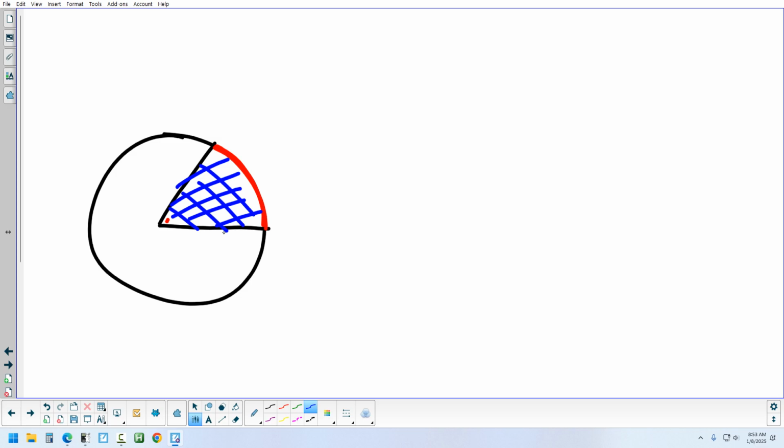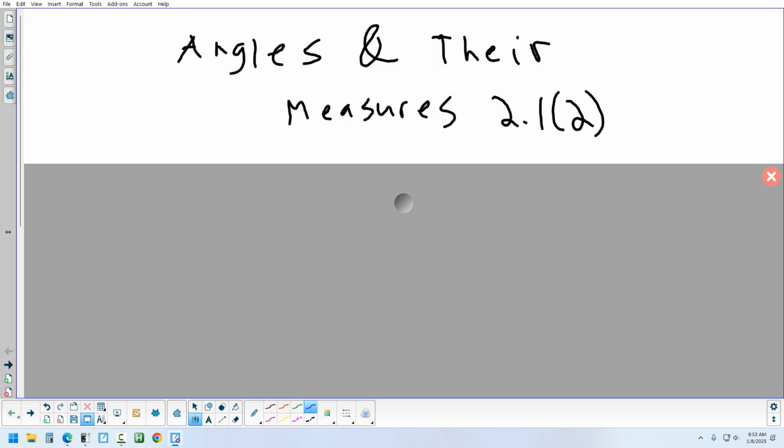That shape that's in blue is called a sector. Just think of it like a circular piece of pizza. All right, so we're going to start out with the formula for how you find the length of that part in red. It's called arc length.